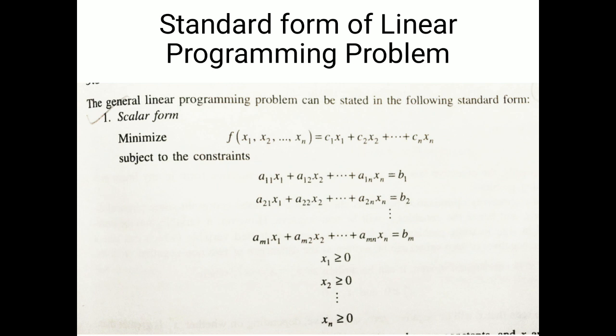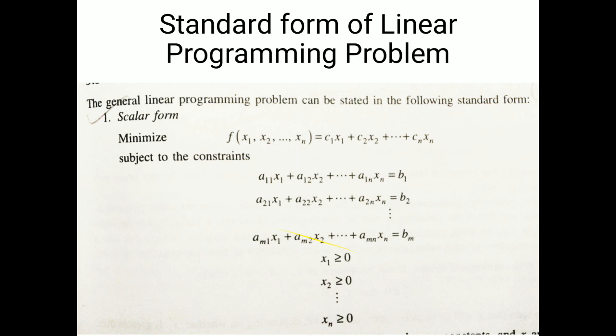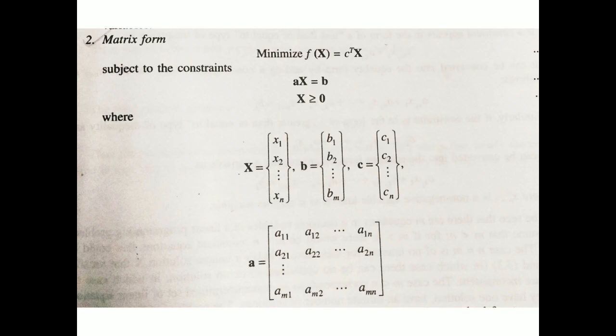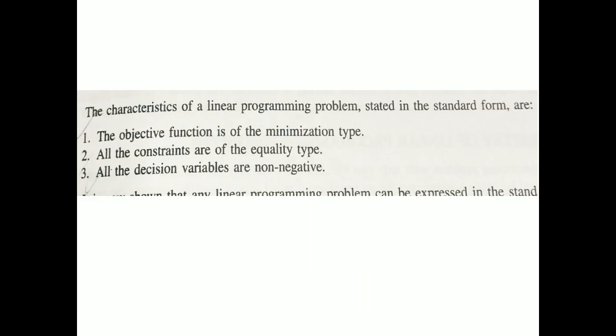Now, as you can clearly observe from the scalar and matrix form of the standard linear programming problem, the characteristics of a linear programming problem are: point 1, the objective function is of the minimization type, minimize f(x). The second characteristic is that all the constraints are of the equality type.